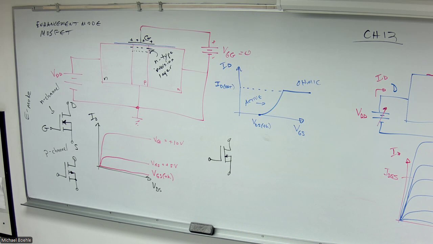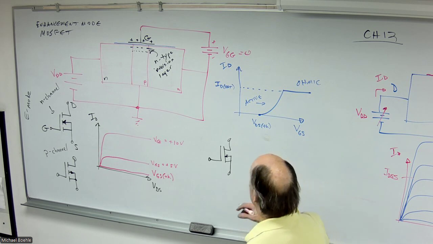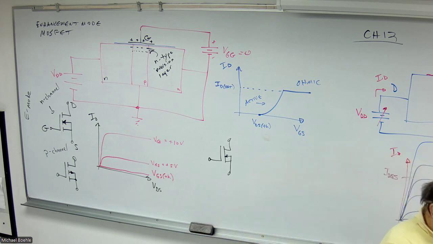Of course, for my P channel, what I need to be able to do is basically use a negative voltage on that gate to create the channel. So very similar, and I don't even know if he does much with the active region here. I don't think he does. Let's see. Yeah, not so much.